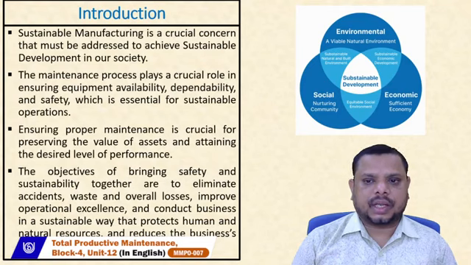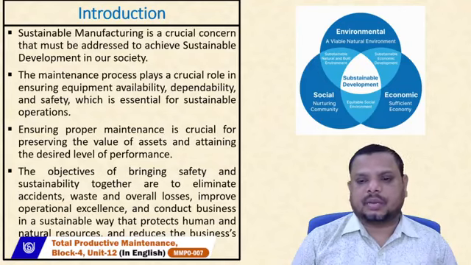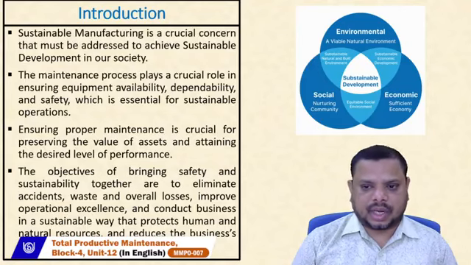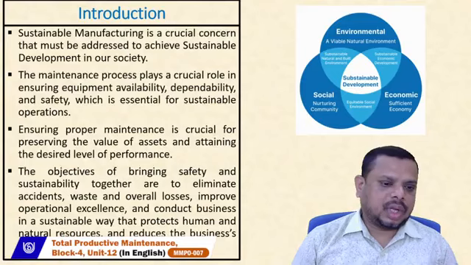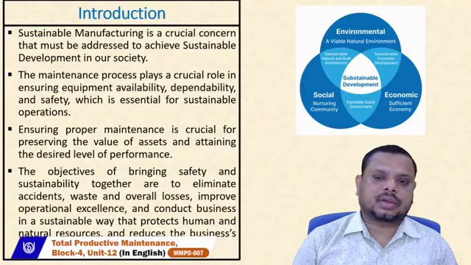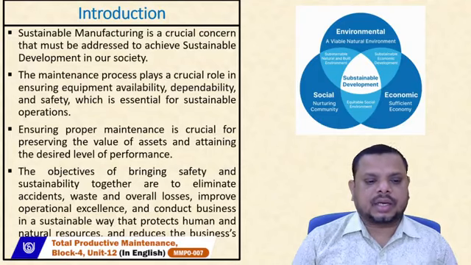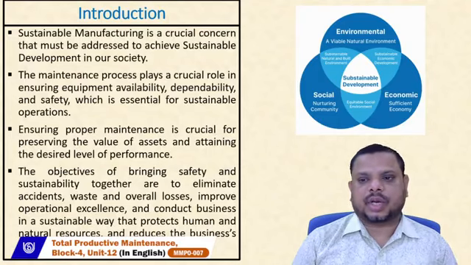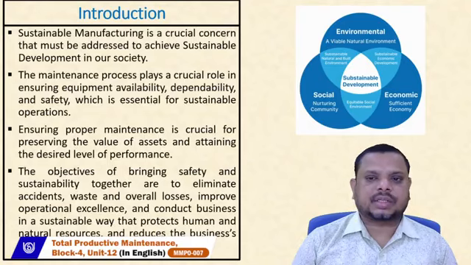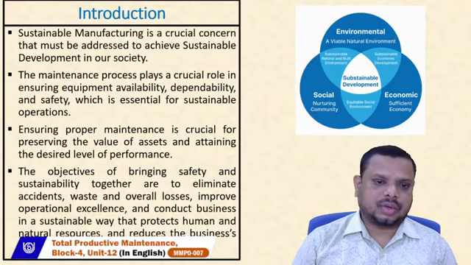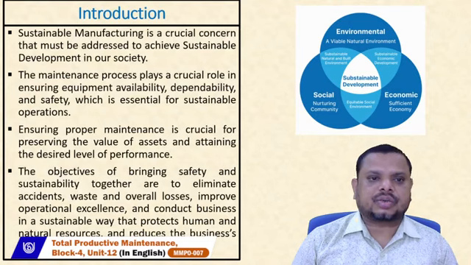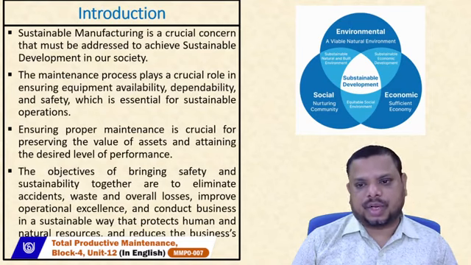This topic directly focuses upon the first important aspect, elimination of accidents to save a large number of humans. The next is waste minimization, overall losses, improving operational excellence, and conducting business which protects human lives and natural resources and reduces the business environment footprint, especially with reference to those companies who are focused upon sustainable management.